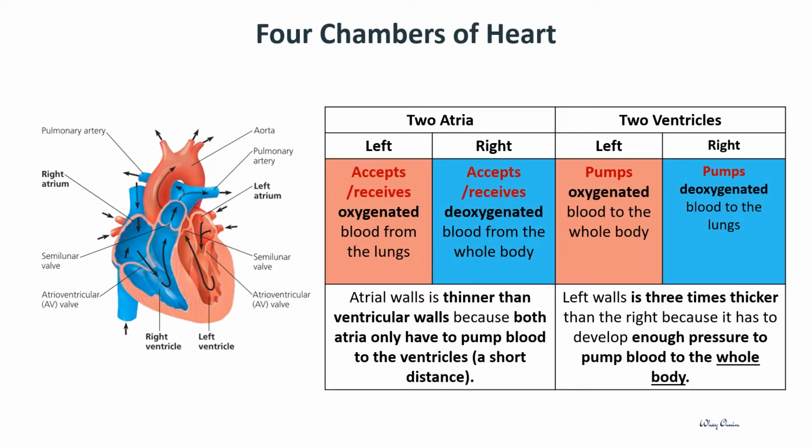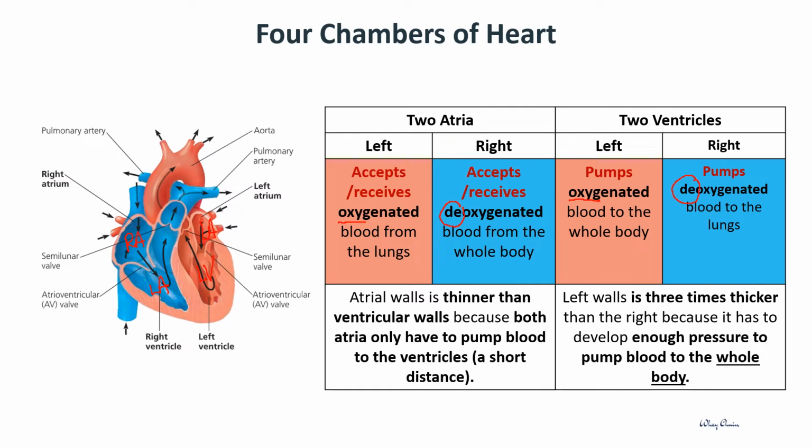The right atrium and the right ventricle are the two chambers that transport deoxygenated blood. That means the blood with the lower partial pressure of oxygen. And the left atrium and left ventricle are the two chambers that transport oxygenated blood, which means the blood with higher partial pressure of oxygen.